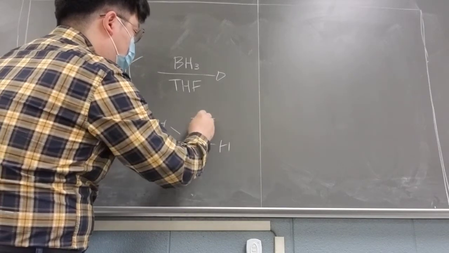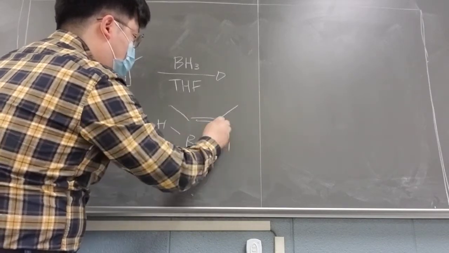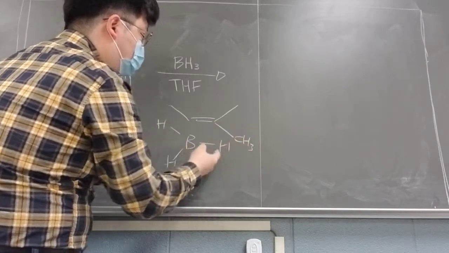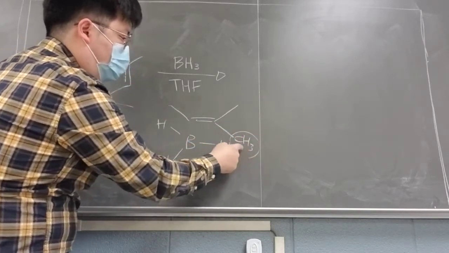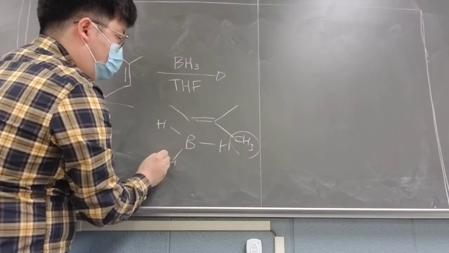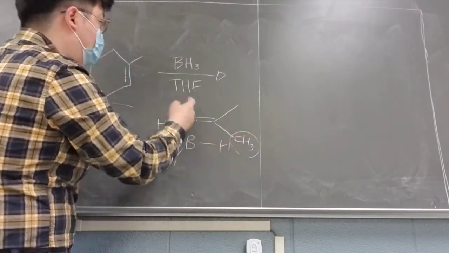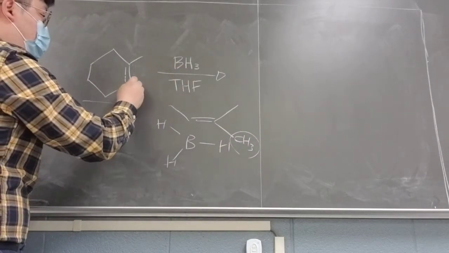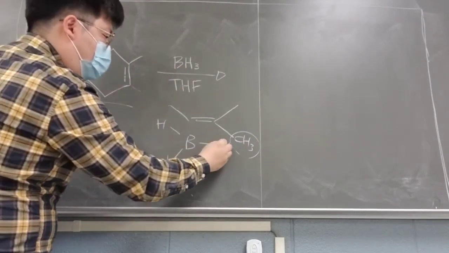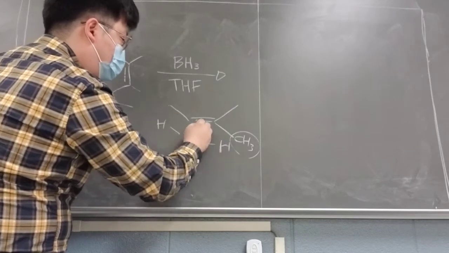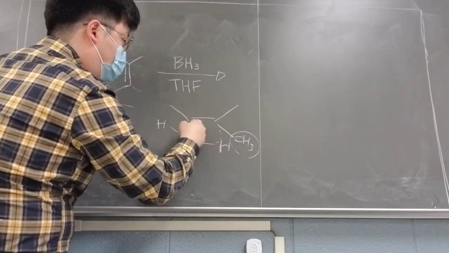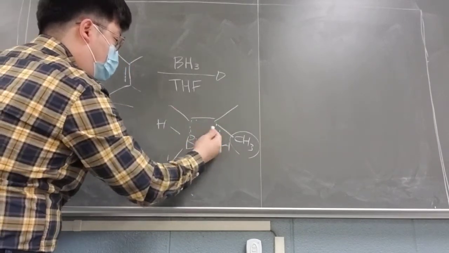This is what we did. So if you have a methyl group, the borane will come into this side because of the spacing problem right here. And then one of the hydrogens actually makes a semi-bond, and now they actually make this.